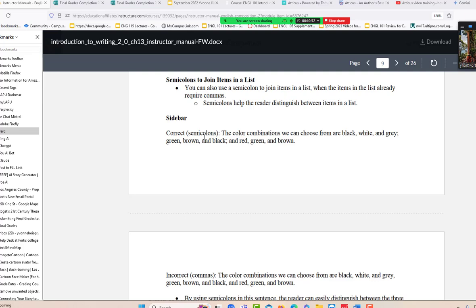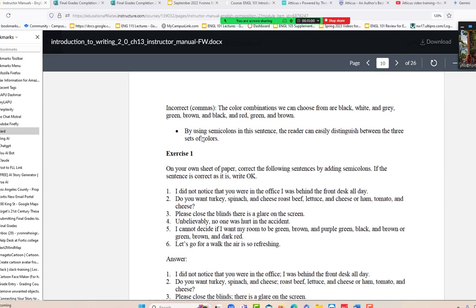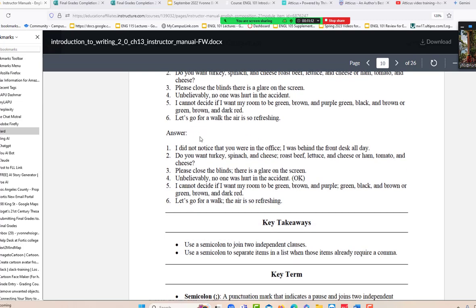Semicolon. Green, comma, brown, comma, and black, semicolon, and red, green, and brown, the color combinations we can pick. So by using semicolons in this sentence, the readers can easily distinguish between the three sets of colors.